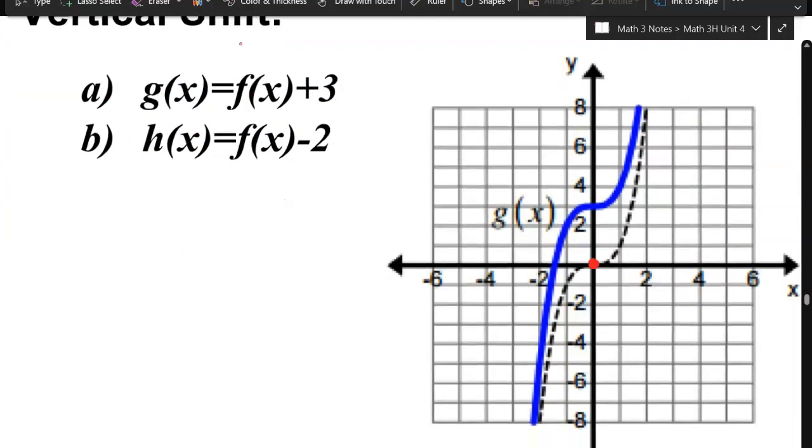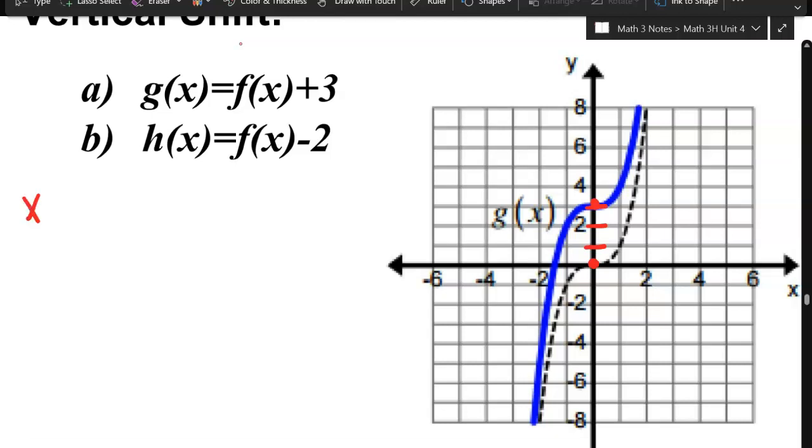So we're looking at that center. So if we are adding 3, that is our D value. So we're going up 3. So 1, 2, 3. So it's only affecting the Y value. It's not affecting right or left. It's only affecting the Y value.